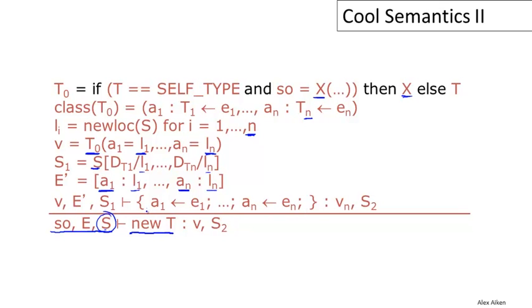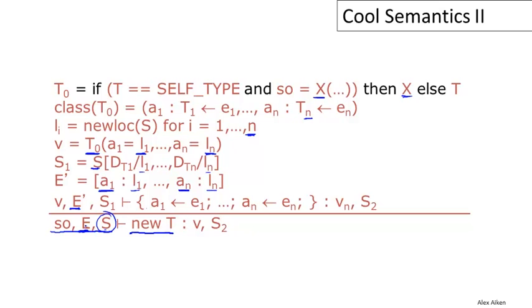So remember that these attributes include all the inherited attributes. So we'll start by initializing attributes of the greatest ancestor and working our way down to the attributes declared within the class itself. Notice that the environment here, which has all the attributes in scope, this is an interesting point, this environment has nothing to do with the environment in which new T is actually evaluated.